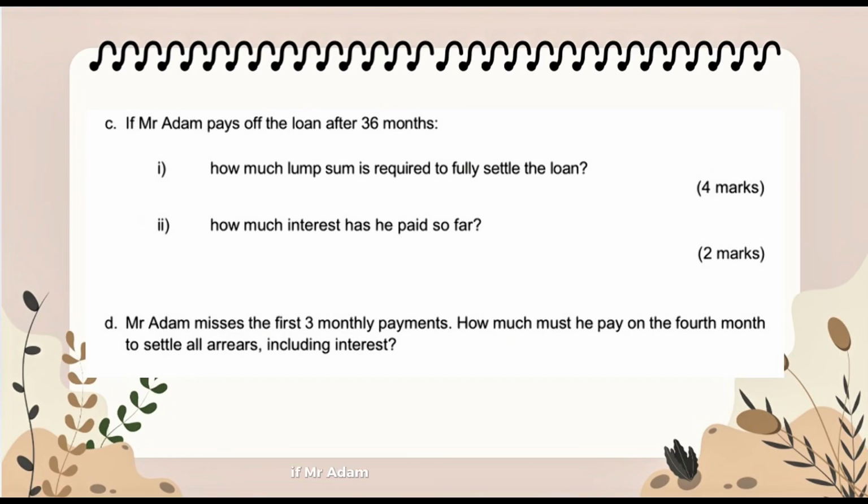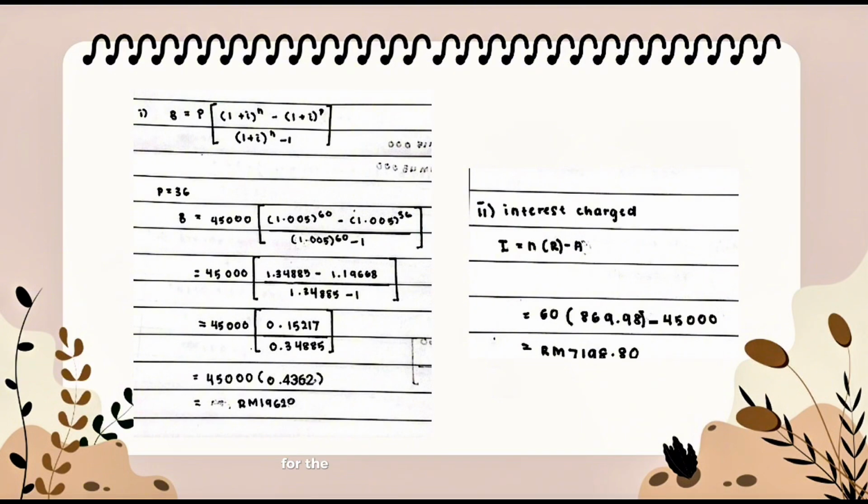If Mr. Adam pays off the loan after 36 months, first, how much lump sum is required to fully settle the loan? Second, how much interest has he paid so far? For the first question, we use the formula B equals P((1 plus i) to the power of n minus (1 plus i) to the power of p) divided by ((1 plus i) to the power of n minus 1).